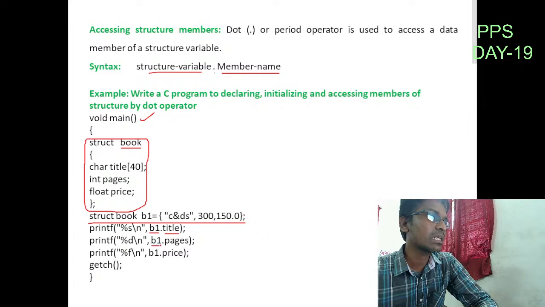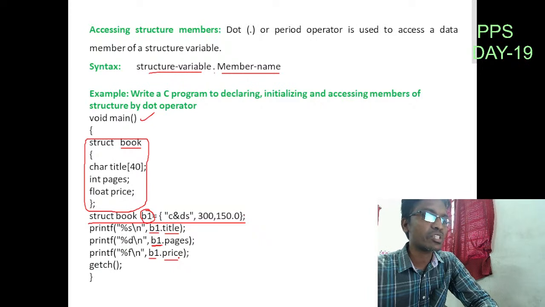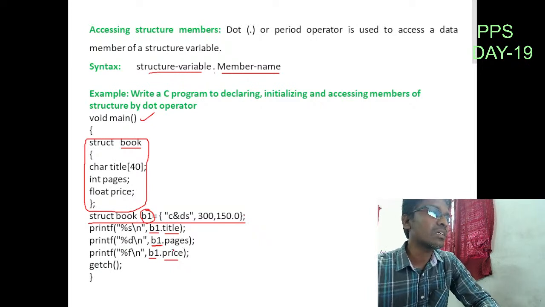Similarly, for displaying pages, I am using the structure variable b1, so I will write b1 dot pages. And similarly, the third one, b1 dot price. So by using a structure variable followed by the dot operator and followed by the structure member, you can access the structure members.